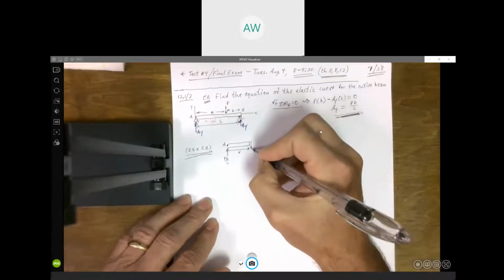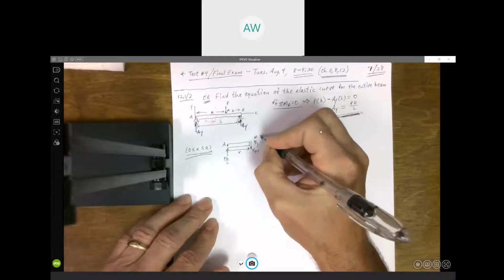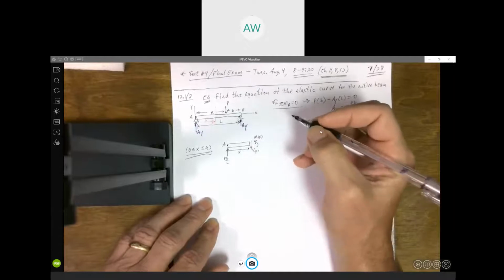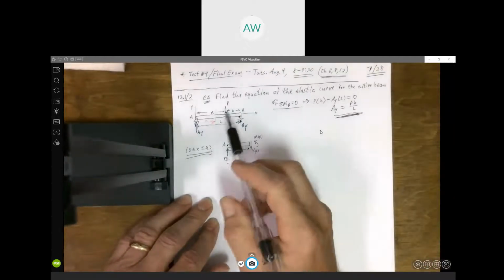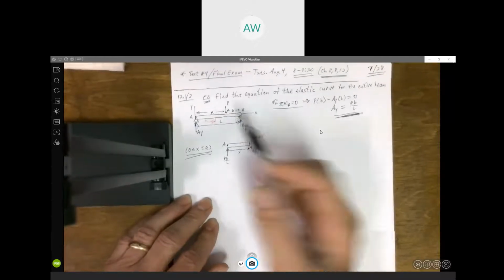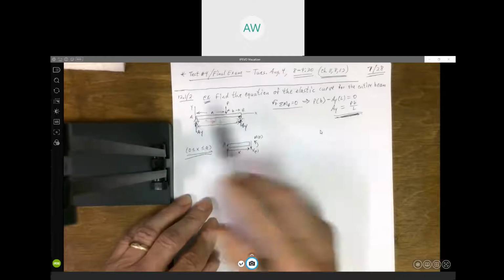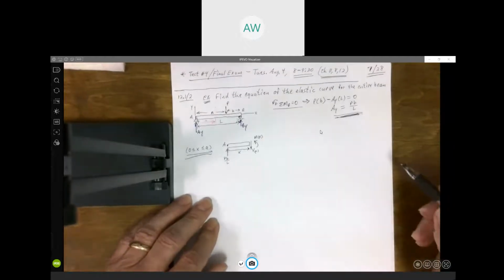And we're going to have this internal shear force and this internal bending moment. They're going to be acting on that cross section. And again, we're cutting it before we get to P. So if I cut it here and I look at everything to the left, this is all I've got. So it's relatively simple and straightforward.